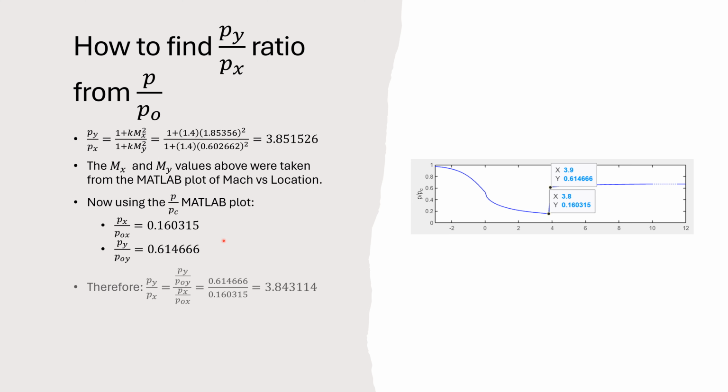Now, in order to find Py over Px, we can just take these two ratios and divide them. Through algebra, the P naught y and the P naught x cancel out, and therefore it leads us to this answer right here, which is 3.84. And this is roughly exactly the same as this right here. So these are two ways that you can find the ratios.